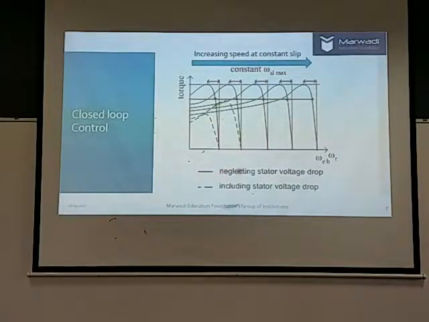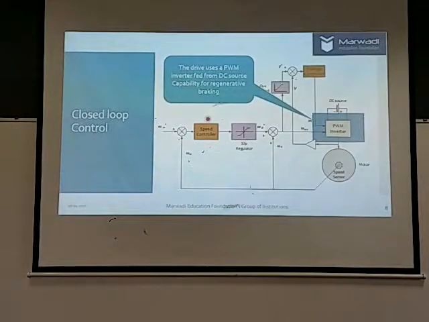Now the black one is the speed torque curve neglecting the stator voltage drop, whereas if you include the stator voltage drop, then there is a green curve. Now this indicates that at lower speed this will be dominant. Now the PWM inverter, which is fed from the DC source, has the capability of regenerative braking, right?